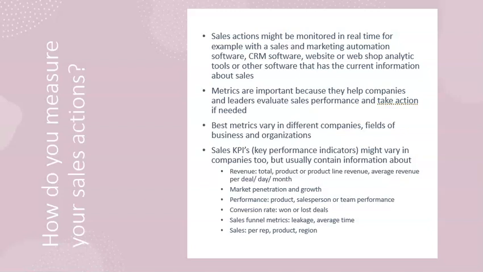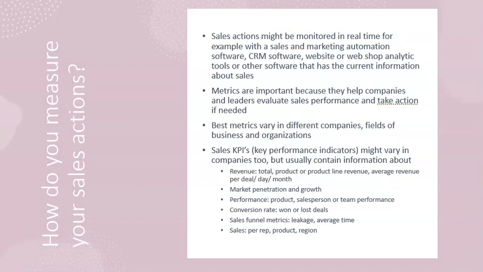But many sales key performance indicators, while they might vary, usually have some information about the revenue, the total, or the product or product line revenue, or the average revenue in a certain amount of time. It might contain information about the market penetration or growth, or about the performance of a product or a salesperson or one specific team.